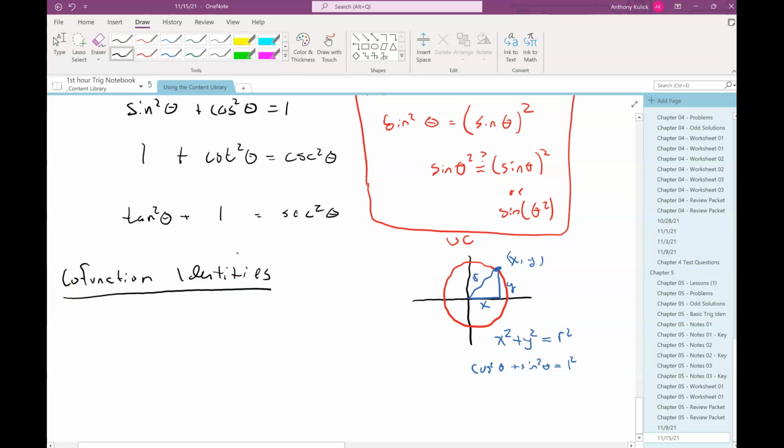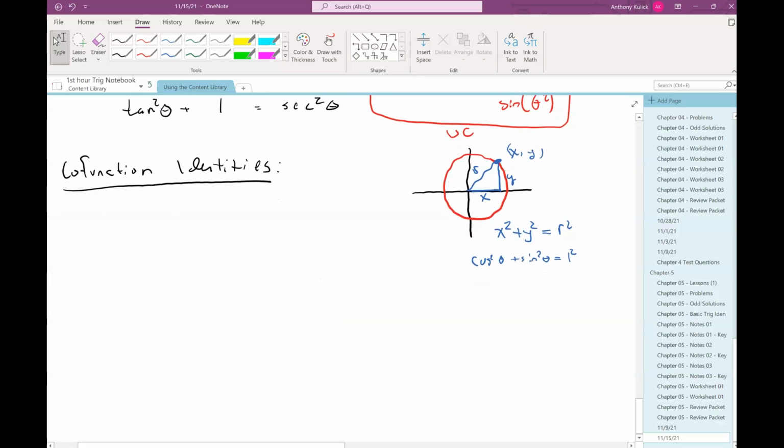So the next set are these cofunction identities. I have a question for you guys before we write these down. On the unit circle, have you guys noticed that sine of 30 degrees is 1/2, and cosine of 60 degrees is also 1/2?